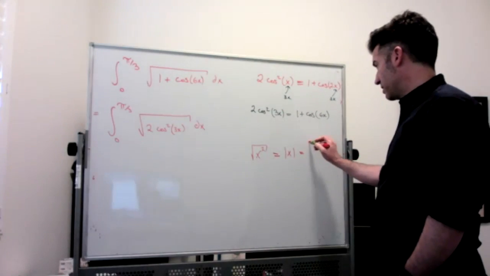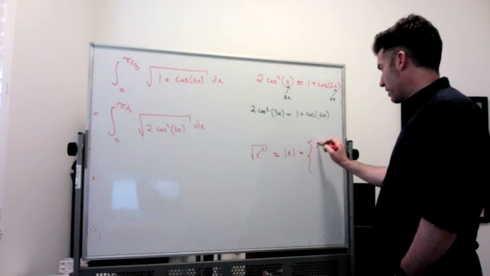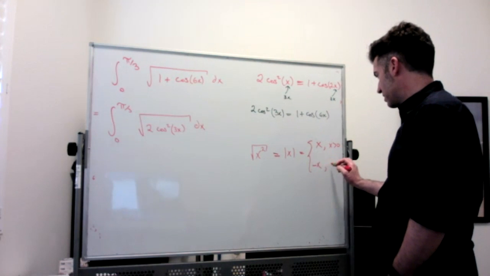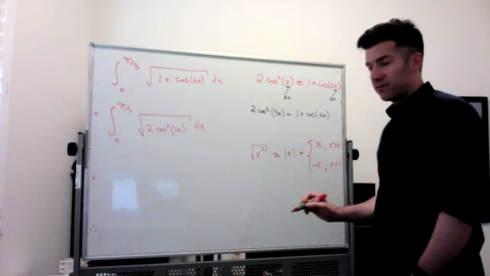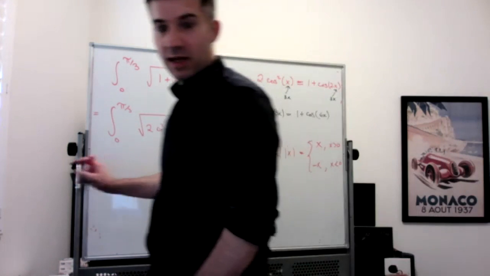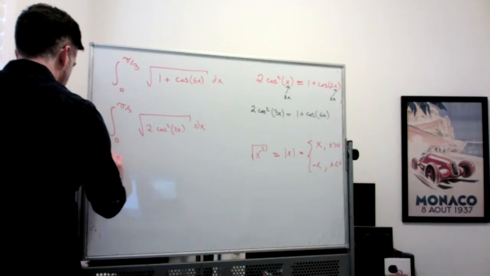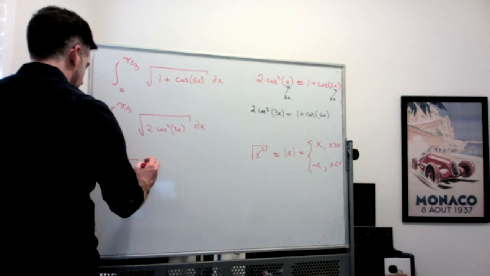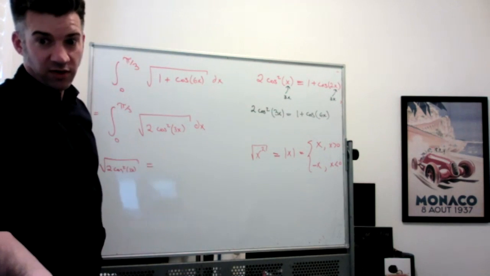So the absolute value of x is equal to x if x is positive, but it's equal to negative x if x is negative. So what's going to happen here is we're going to say that the square root of 2 cosine squared of 3x is going to equal, well, you're going to have two different options, right?